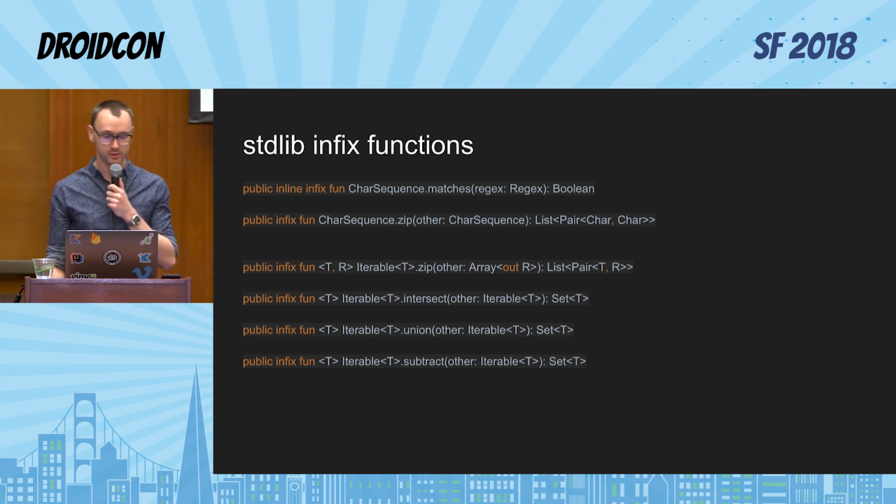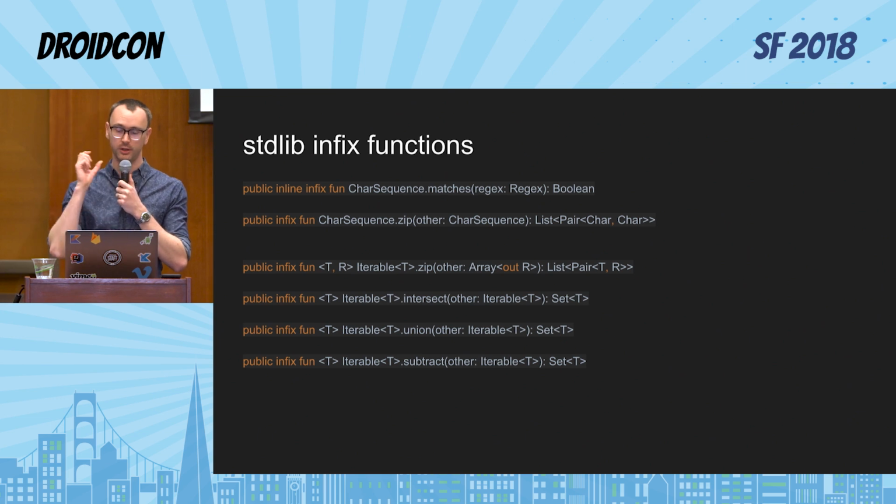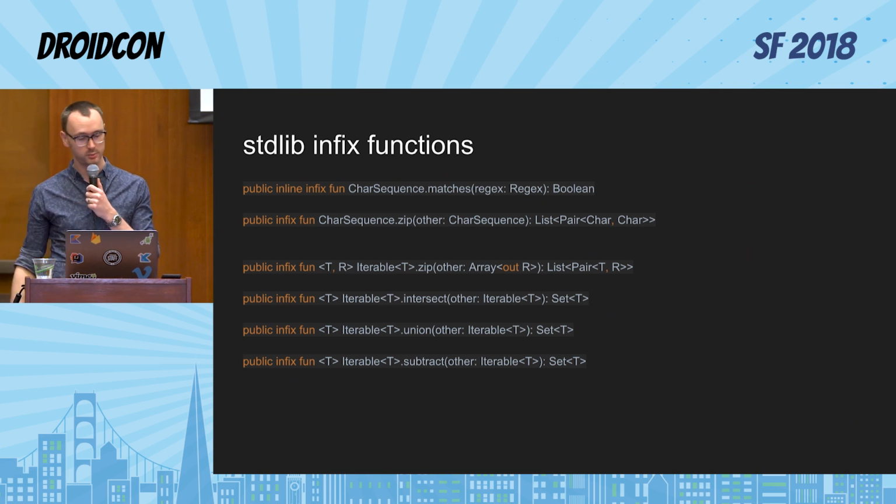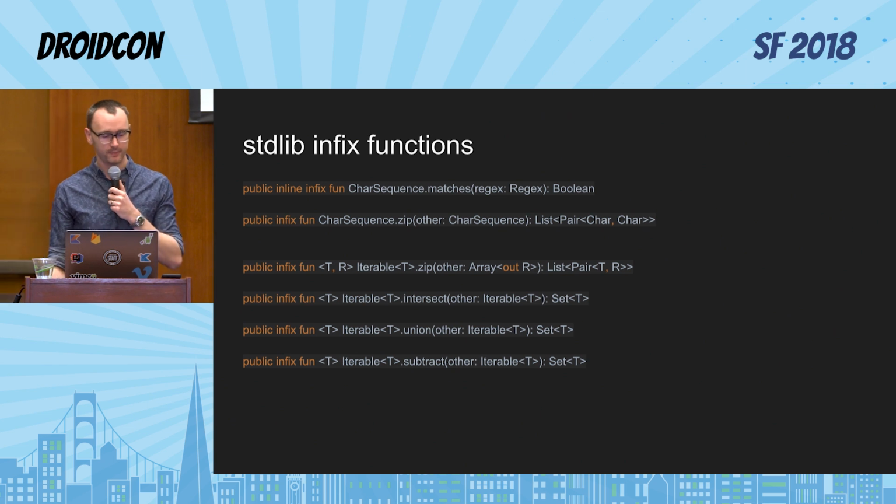The second argument is a regular expression, so you can have string space matches, space regular expression. That will work. Same with zip. And then 4 on iterables: zip, and then intersect, union, and subtract, which will return sets of those 2 iterables.